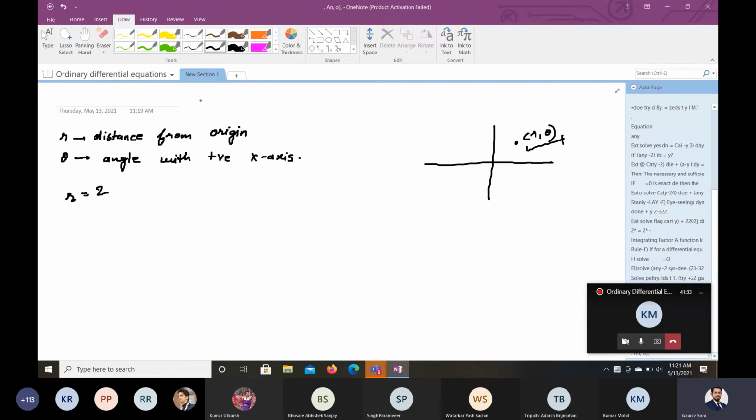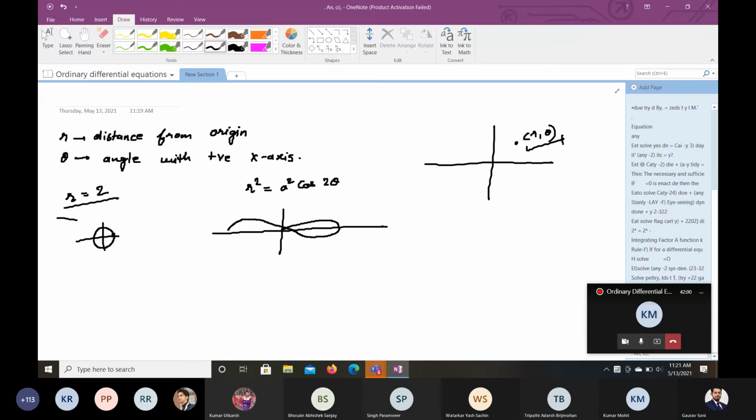You will get a circle, exactly. So in polar coordinates, this is a circle. Also, if I get r square is equal to a square cos of 2 theta, again this is something that you'll see in the second module, and what we get is a p orbital like structure for this equation.